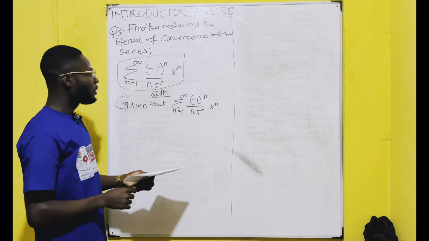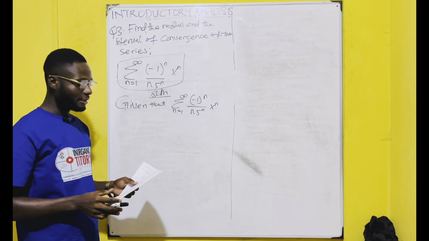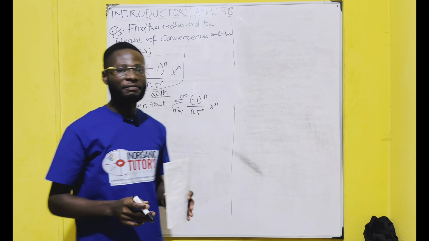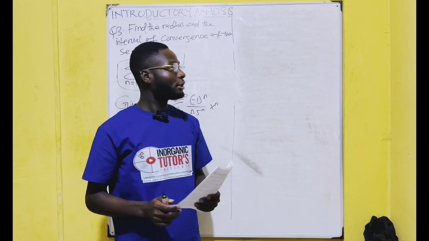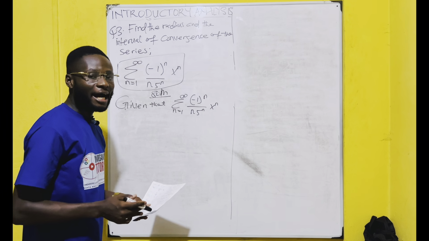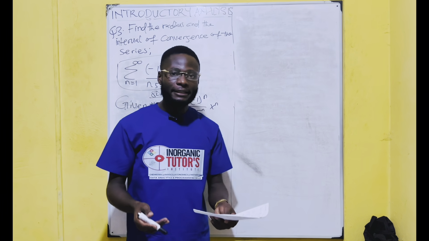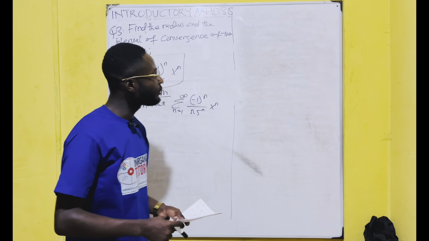Right, so a problem of this sort, how do we handle it? First of all, I want to give you some steps before we start solving the problem. So first of all, let's try to identify what kind of series this is, right? What kind of series is this?